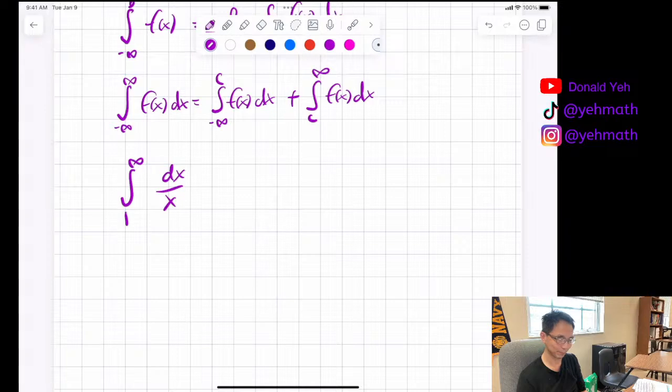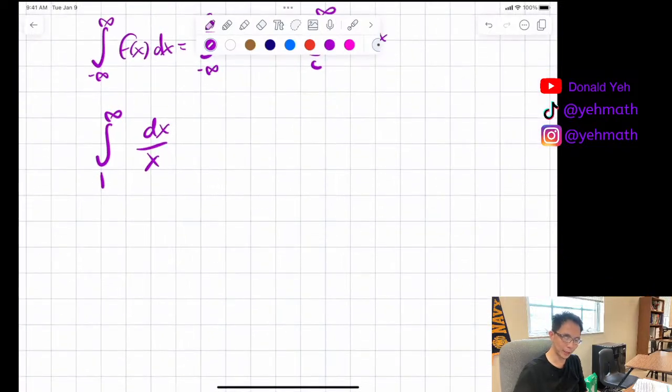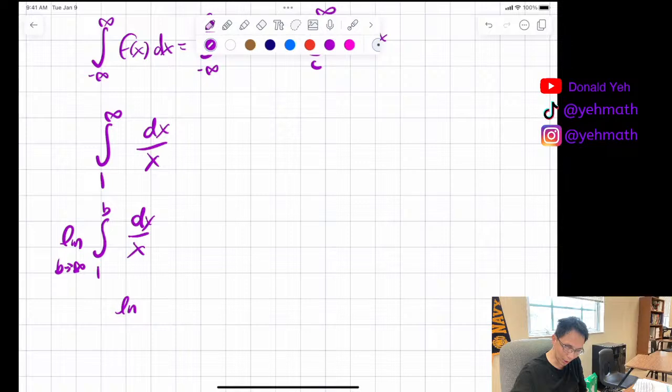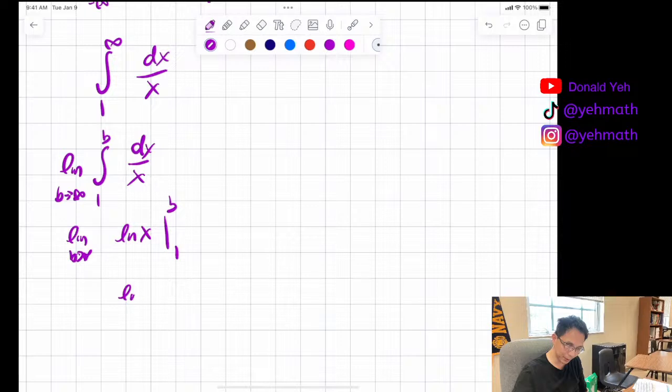If you integrate this, I'm going to rewrite it as the limit as b approaches infinity of the integral from 1 to b of dx over x, which is the natural log of x from 1 to b. That's natural log of b minus natural log of 1 as b approaches infinity.